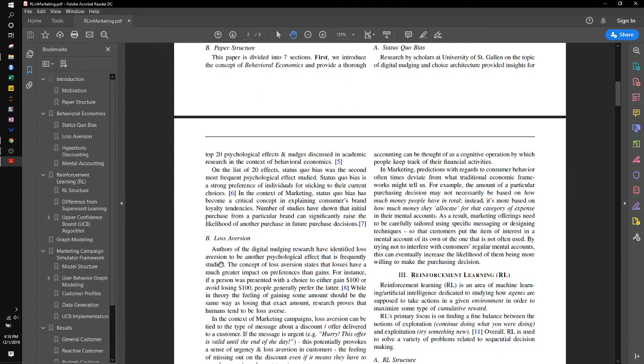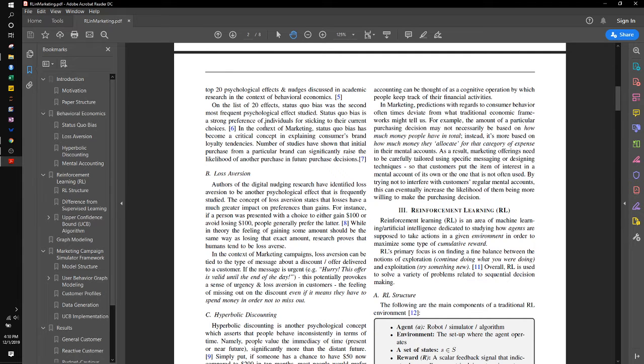The second one is loss aversion. Loss aversion basically means losses have a much greater impact on preferences compared to gains. For instance, if a person was presented with a choice to either gain $100 or avoid losing $100, people generally prefer the latter.